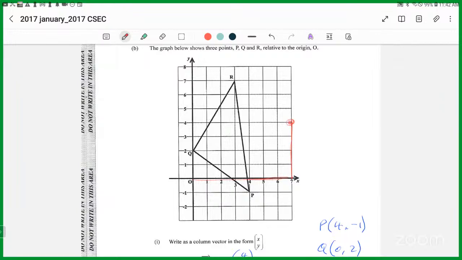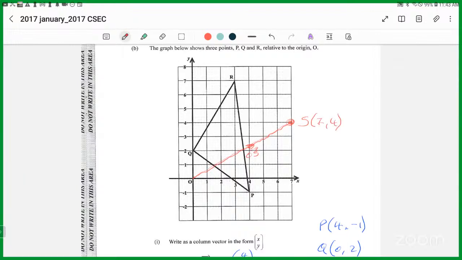That's the point S. And I want us to draw the vector OS. I'm going to draw a straight line out here like this. That is the vector that I wanted, OS. This point is (7, 4).